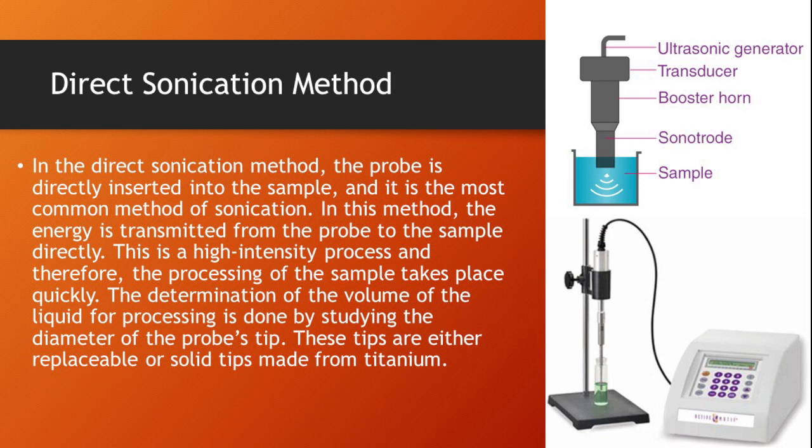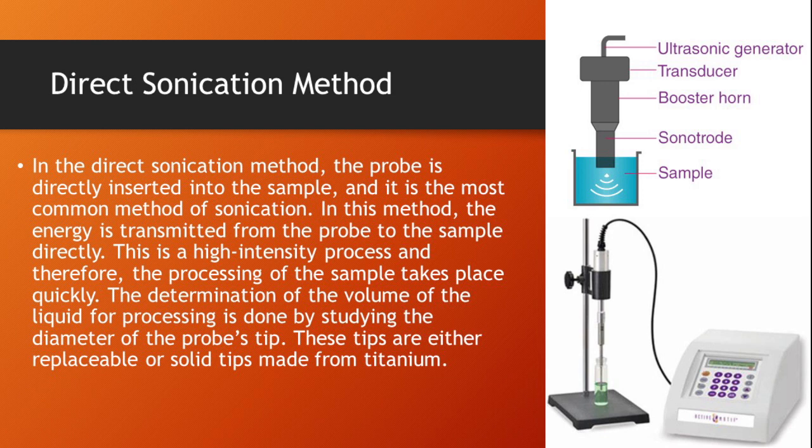In this method, energy is transmitted from the probe to the sample directly because the probe is in direct touch with the sample. This is a high intensity process, and as the ultrasonic waves pass directly from the probe to the sample, sample processing or sample destruction takes place very easily and in very little time.